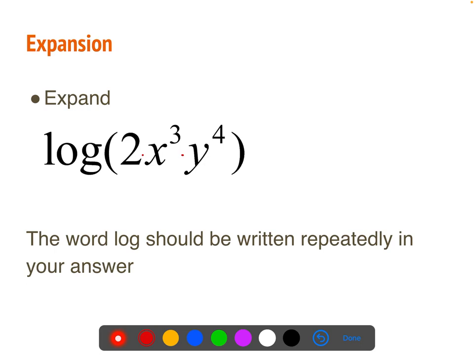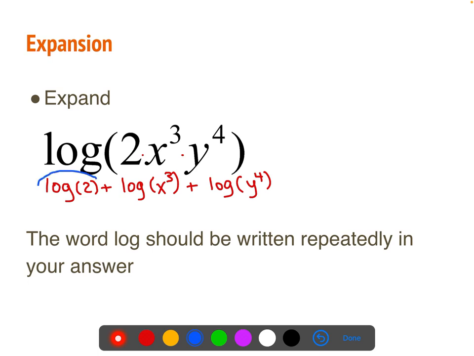That means I'm going to pop it apart and separate it with plus signs. So I'm going to take the word log of 2 plus the word log of x cubed plus the word log of y to the 4th. So I popped it apart with plus signs.